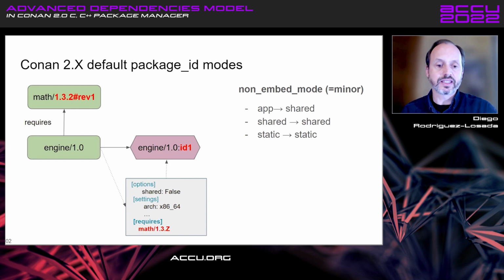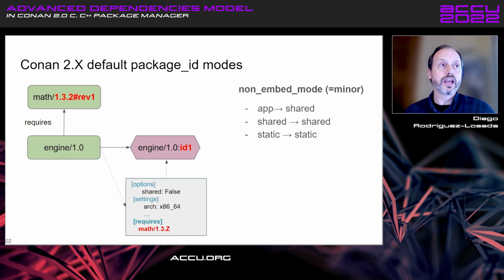That means that if engine depends on math 1.3.2, by default we are going to put 1.3.Z in the package ID representation. That means that by default, every time the minor is bumped, you will need a different binary of engine. But if only the patch of math is bumped, you will not need a new binary of engine.